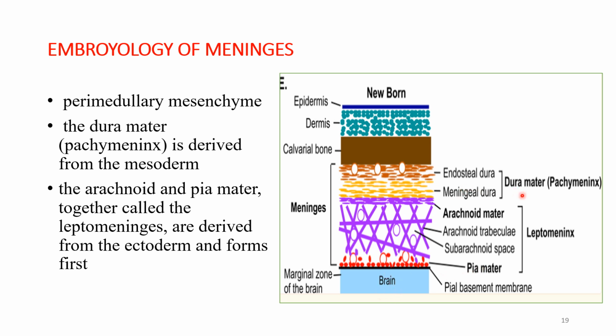The dura mater is derived from mesoderm, so the derivations are different. The dura mater is also called the pachymeninx. The arachnoid mater and the pia mater together, called leptomeninges, are derived from ectoderm, and these will form first. So the leptomeninges will be formed before the pachymeninx.